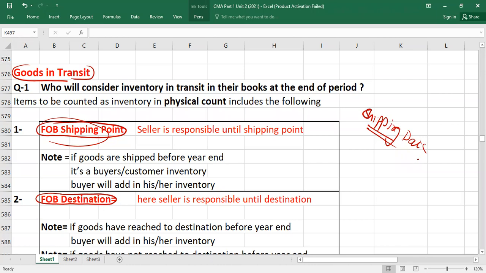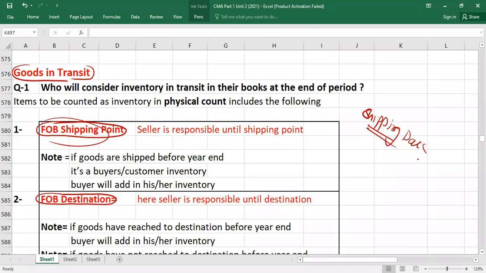For you guys, you have to identify from the question first: are you a seller or a customer? First, you have to identify your position, then apply this rule. Maybe in the question it says you are the seller. You are supplying the items and goods are handed over to the shipping company on 29th December. That's it.